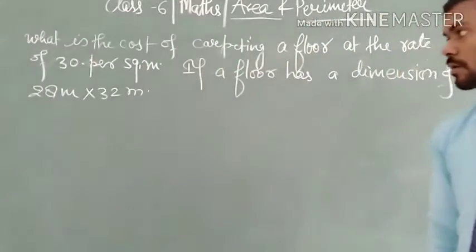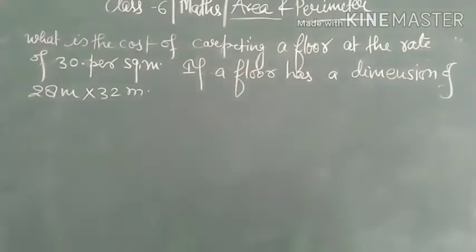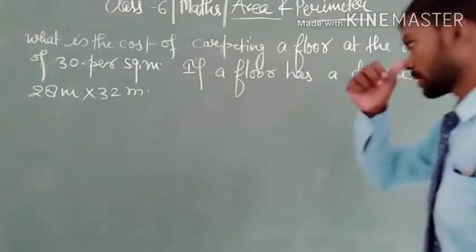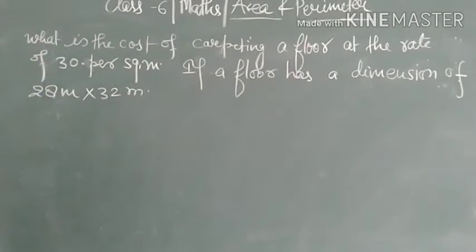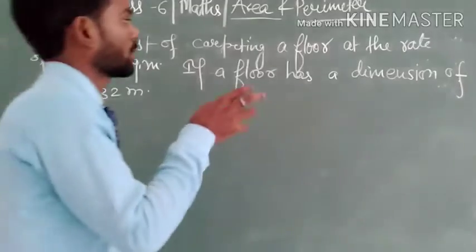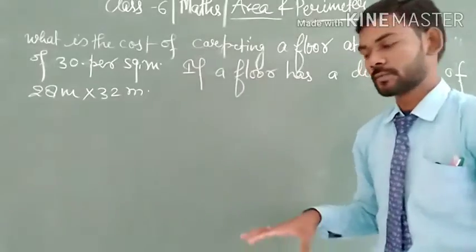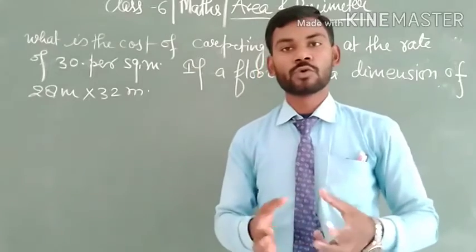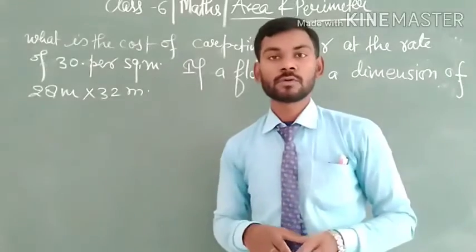Okay students, this is the given question, and let's try to understand what the question says. Listen to me carefully. What is the cost of carpeting a floor at the rate of 30 rupees per square meter? We want to carpet the floor. That means we want to keep a carpet on the floor.